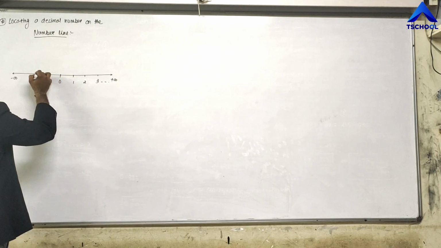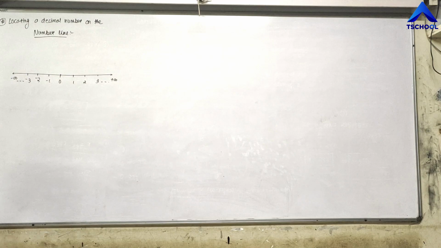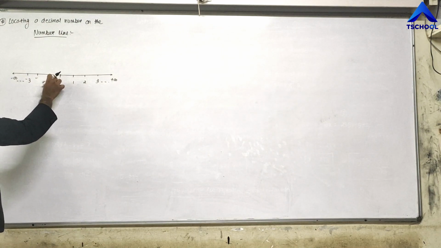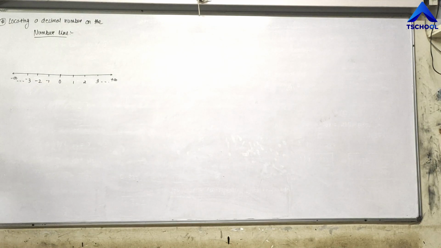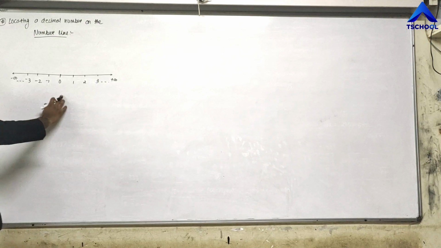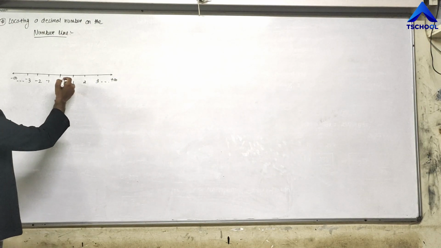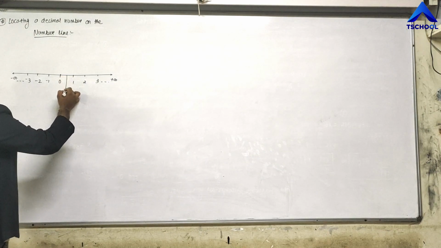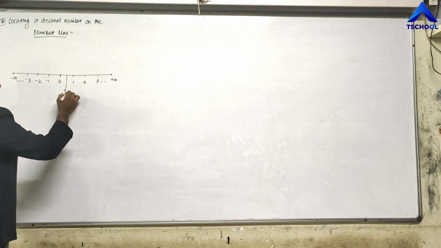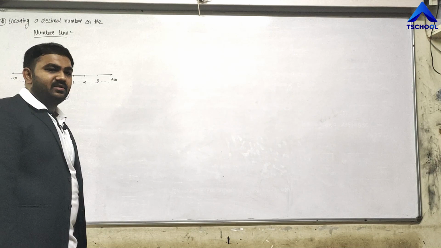Here it will be minus 1, minus 2, minus 3 and so on, right? These are the integers that we have, the positive integers on the right side, the negative integers on the left side. Suppose I want to show 0.5 here, then I am going to show it here as 0.5, and I know that this will lie in between 0 and 1.